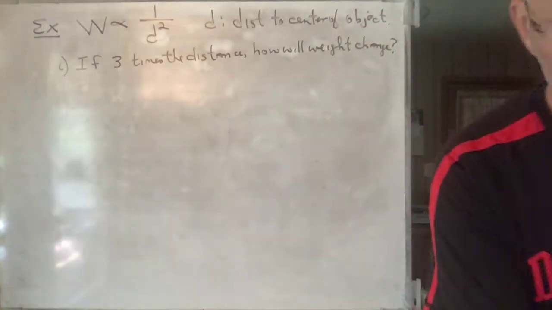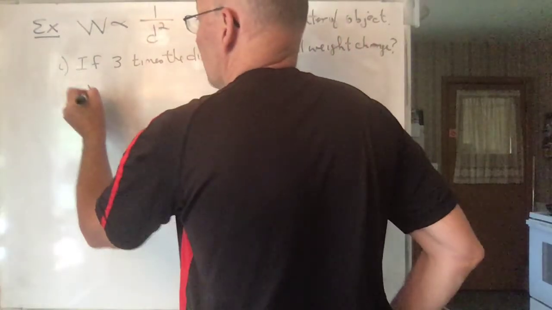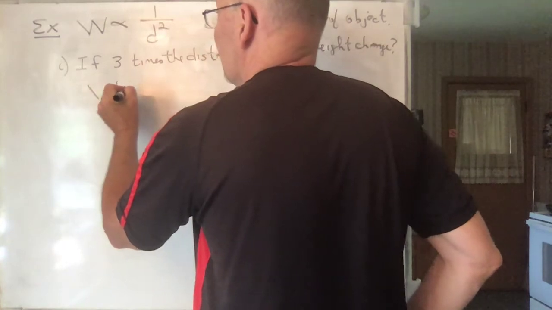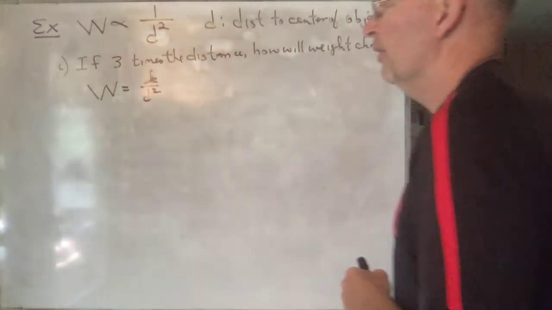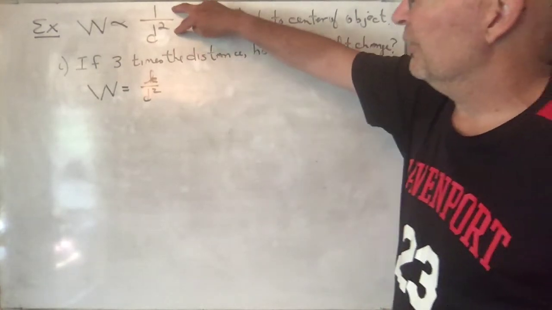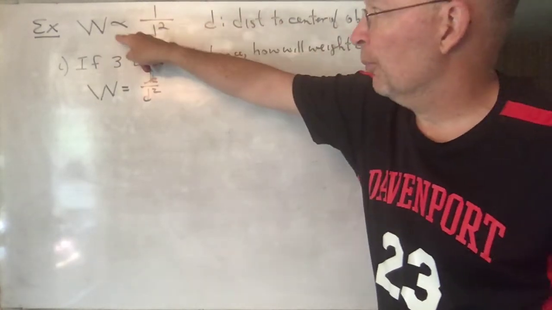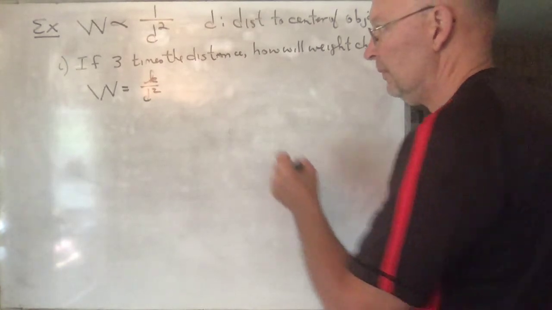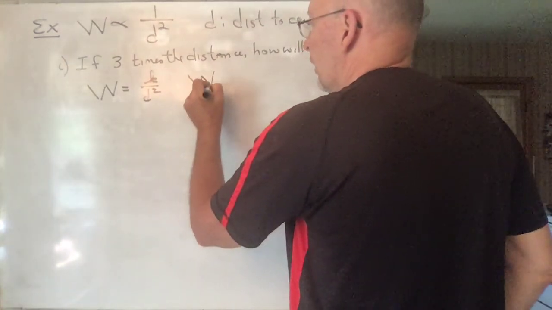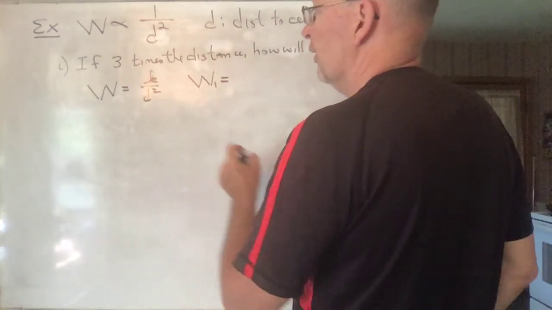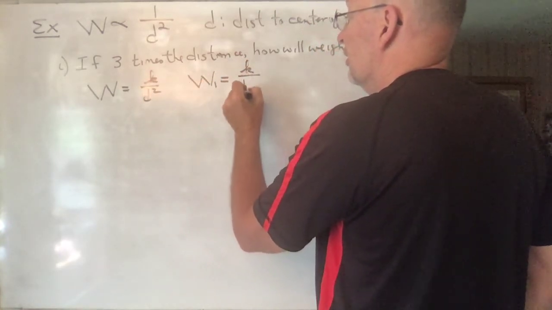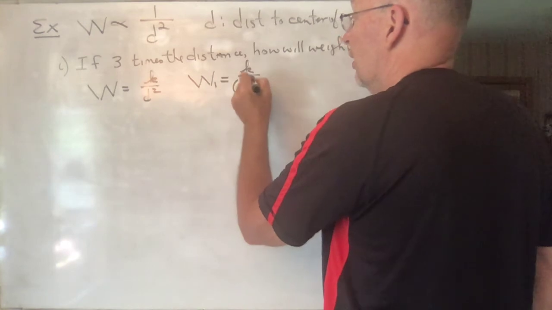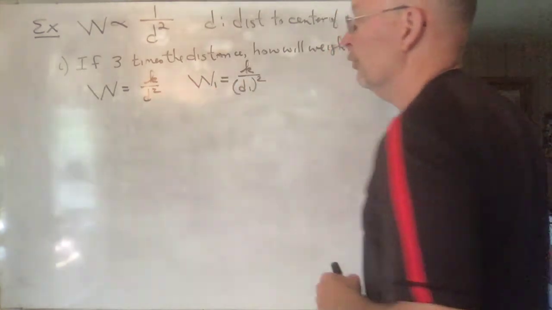Okay, let's do it. So let's first say that weight is equal to K over d squared. There's our relationship using a K as the proportionality constant. Then we'll say, okay, in the original configuration you have a certain distance and you also have a certain weight.